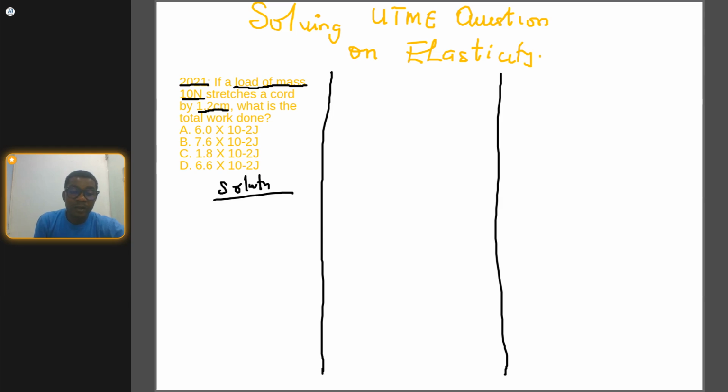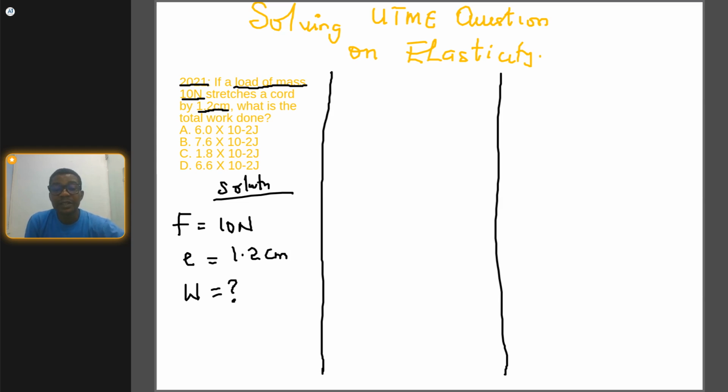Solution. I was given a force, which is 10 Newton. That is the load of mass. And I was given the extension of the cord, which is letter E, given as 1.2 centimeter. And I'm asked to find the work done, which is W equals question mark.